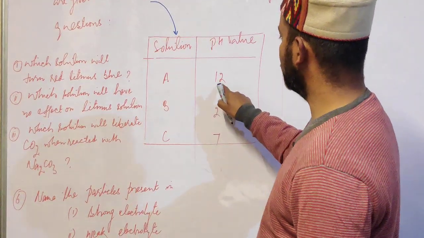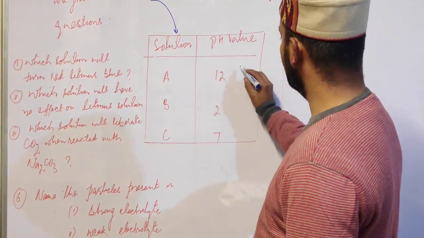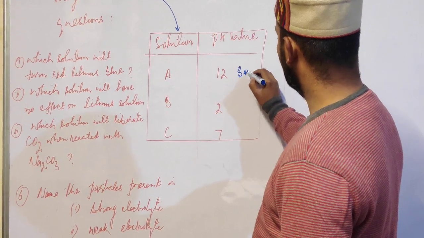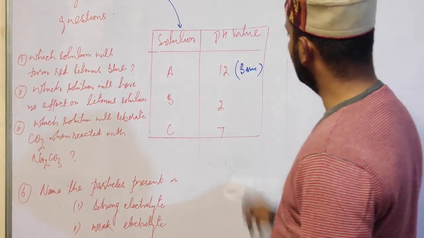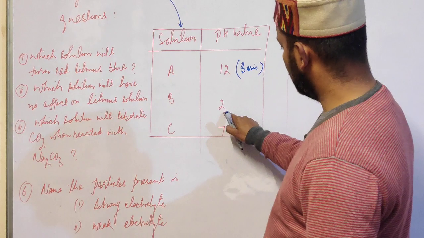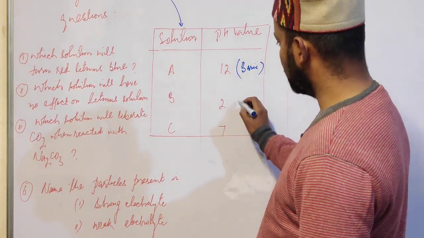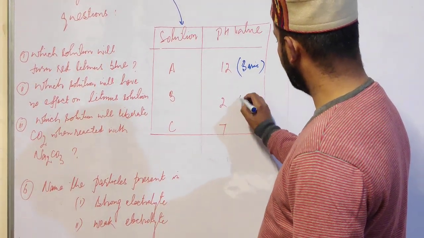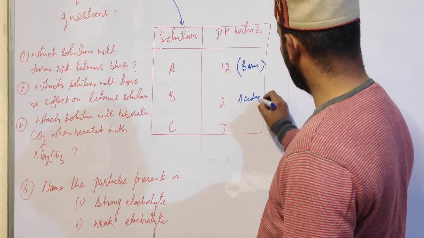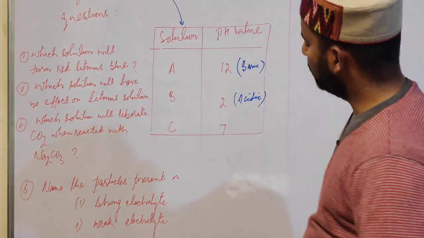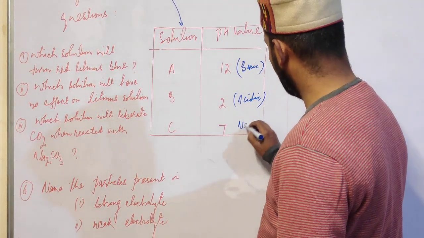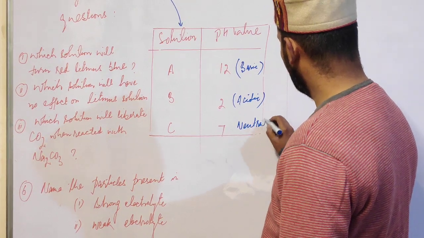Since pH of solution A is greater than 7, this is a basic solution. This is acidic solution because pH is less than 7. So this is acidic solution, and a solution with pH 7, we know it is neutral.